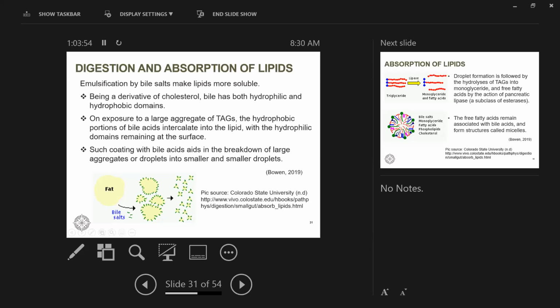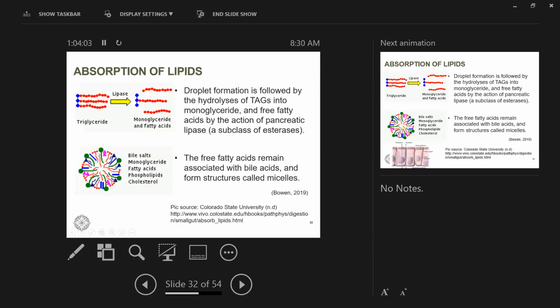So this is a better drawing than what I did. Now these are small droplets of fat, and these droplets are ready. So we are in the intestine, and the lumen, the liquid area outside the intestinal cell, has pancreatic lipases. They now act here and separate fatty acid from the glycerol chain.